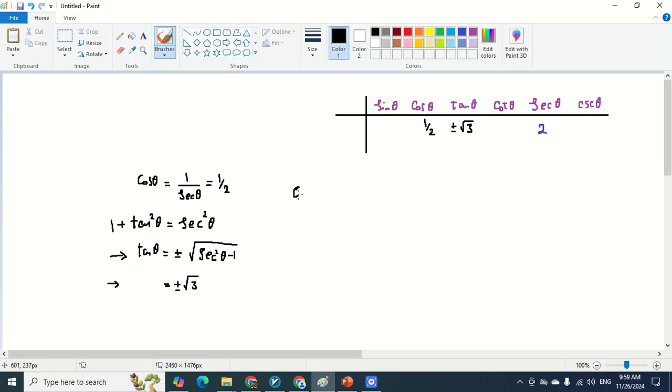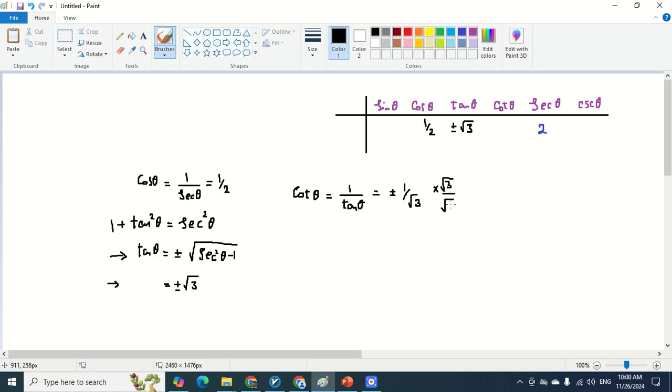So the cotangent of theta as well can be calculated easily as the inverse of tangent. You remember that the cotangent was the inverse of tangent, so we have 1 over tangent of theta, and the result is plus and minus 1 over roots of 3. Or if I multiply that expression by roots of 3 over roots of 3, then you will find the value as follows.